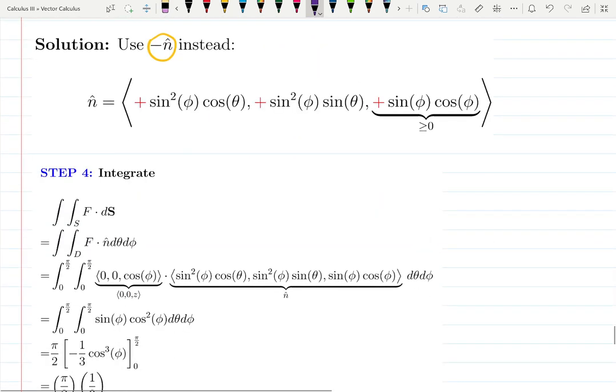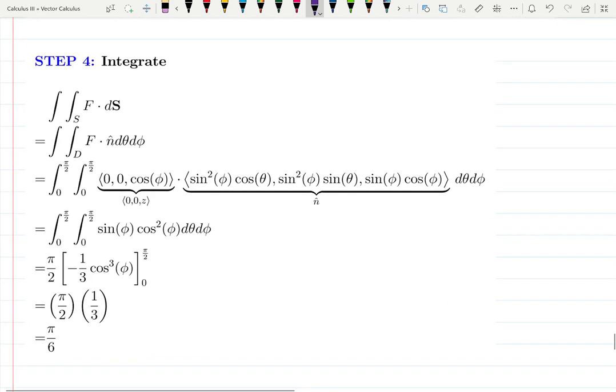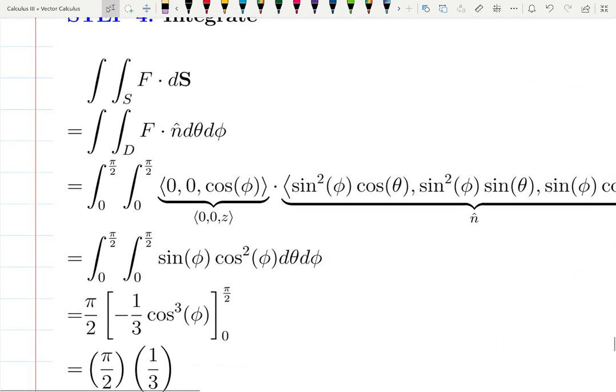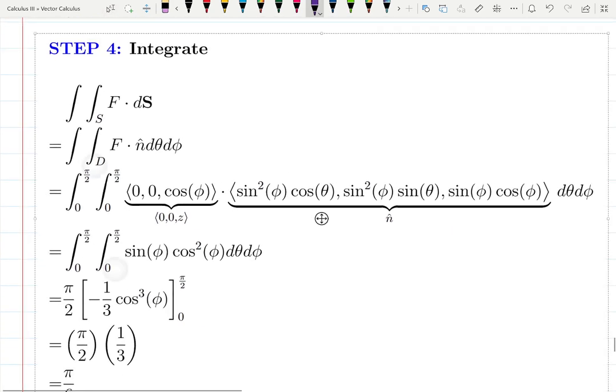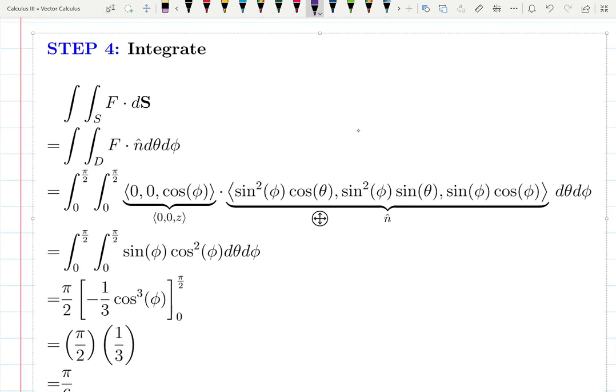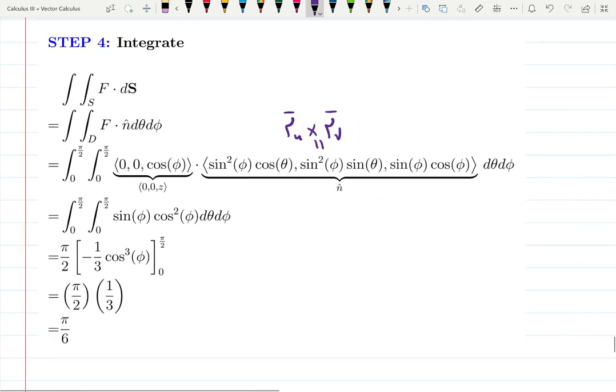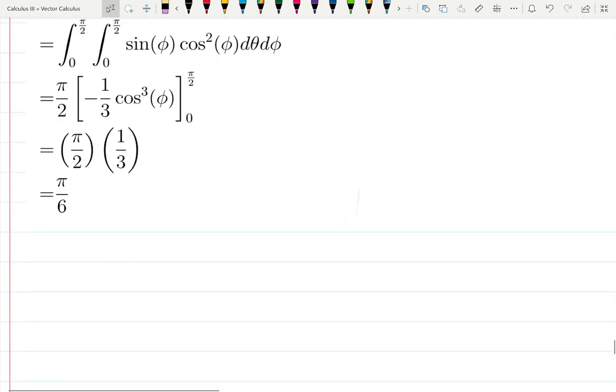So we're changing the sign, and you don't have to write this down, I'll just give you the notes. You do the same thing we did before. You multiply F by n. Here's your F converted into the parametrization we chose. N came from the cross product of the partial derivatives with respect to theta and phi. No magnitude is needed here. Multiply and get a number.